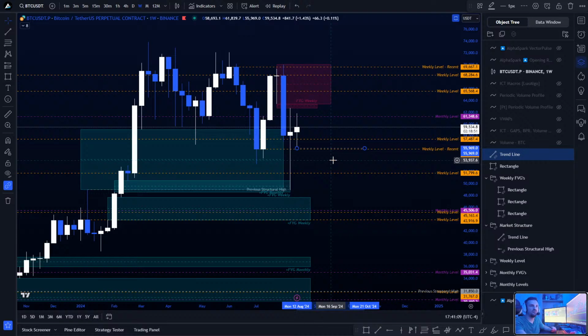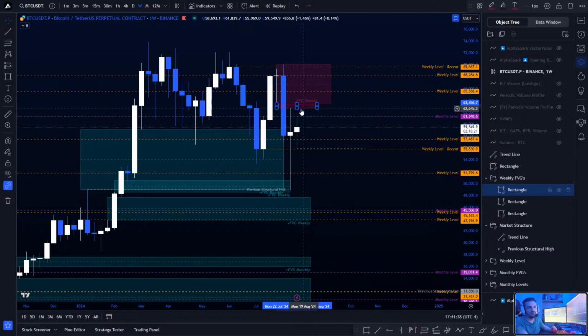Taking out the weekly low in the bullish way, like a liquidity grab, an SFP of that weekly low, could potentially be the trigger to push us back to 70k. That is, if we really are to go to 70k, right? But at least this gap should be high probability.